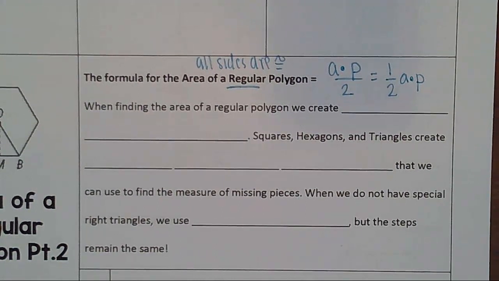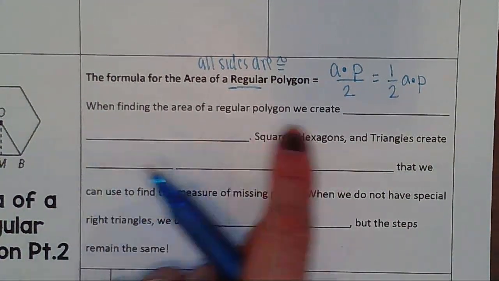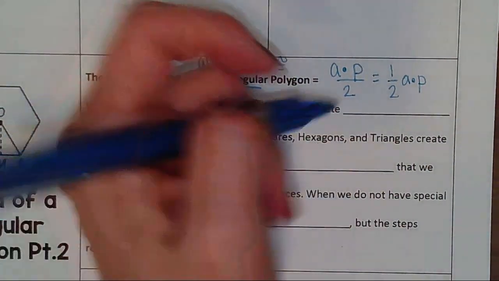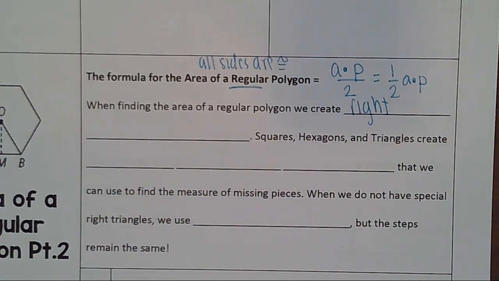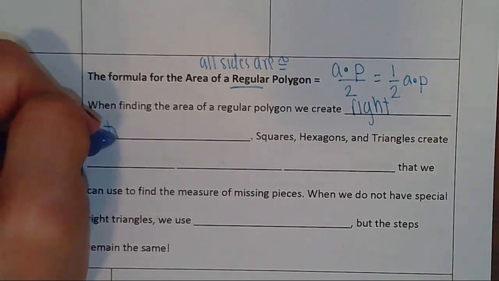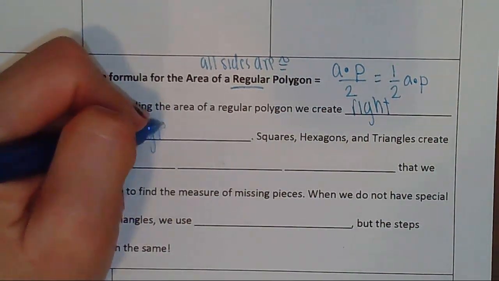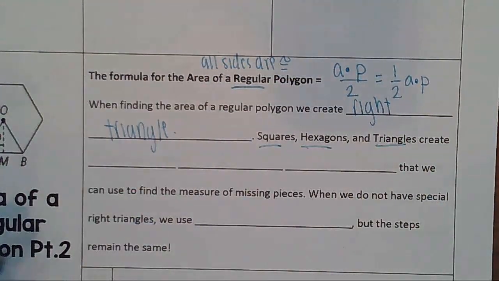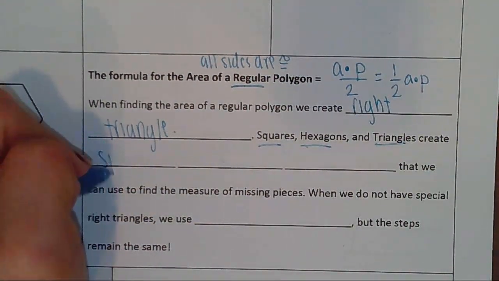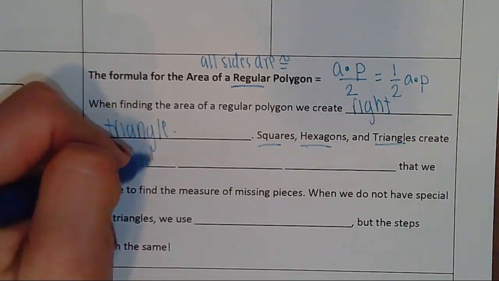So when finding the area of a regular pentagon, we create a right triangle. Hence why we are reviewing trig ratios. Squares, hexagons, triangles create special right triangles.